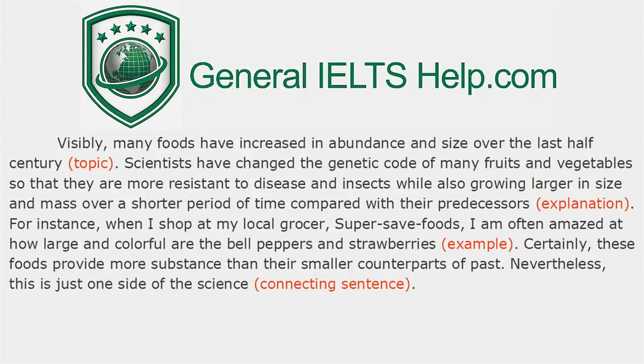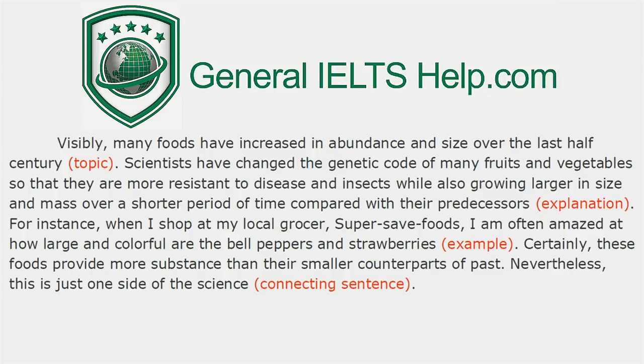Visibly, many foods have increased in abundance and size over the last half-century. Scientists have changed the genetic code of many fruits and vegetables so that they are more resistant to disease and insects, while also growing larger in size and mass over a shorter period of time compared with their predecessors.